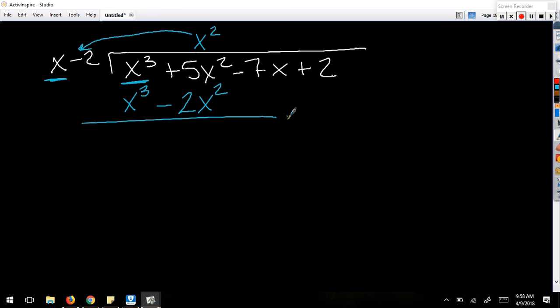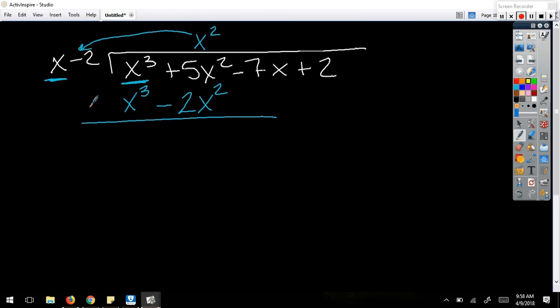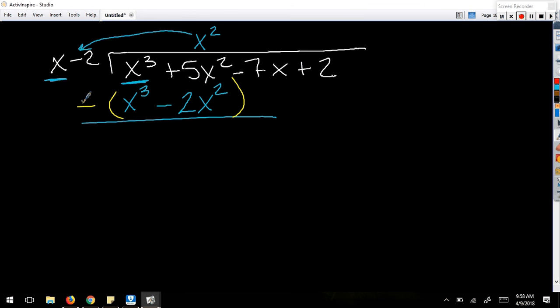So I need to do the same, change everything here. First ones cancel as they should. 5x squared and 2x squared gives me 7x squared. What do I do now? Make sure you keep the sign with it. It's minus.